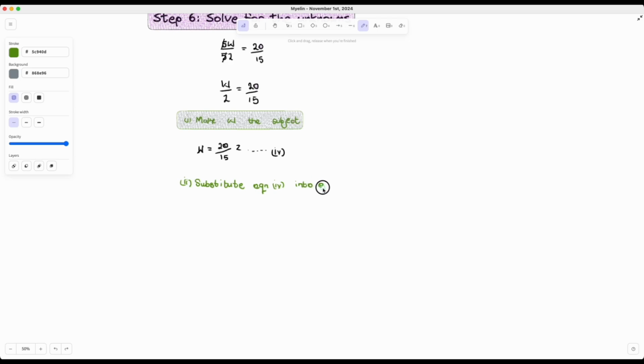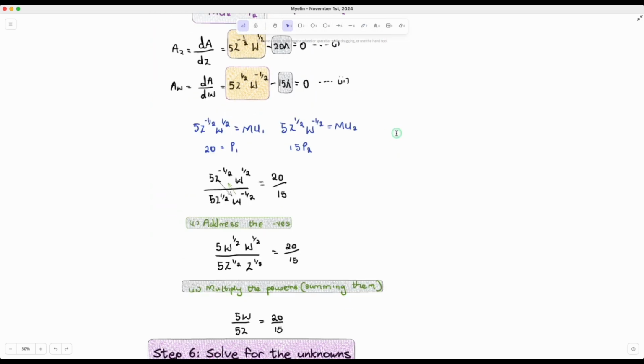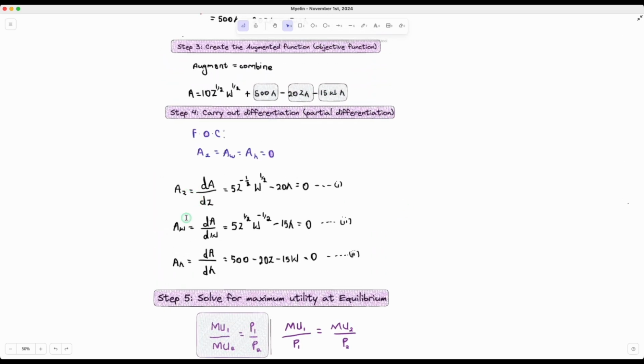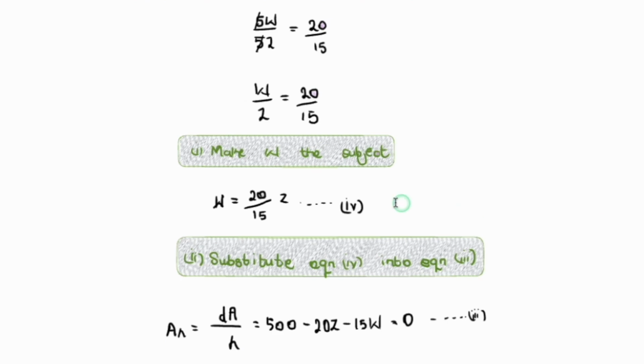Into equation 3. So that's our next step here. We're taking this third equation and we substitute in equation 4, what we've just come up with. So equation 4 is telling us that W is equals to something. So where there is W, I will put this.